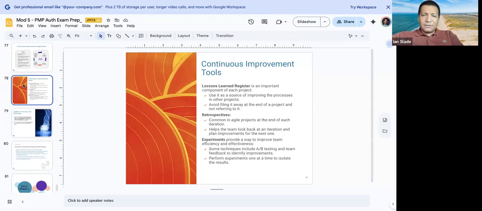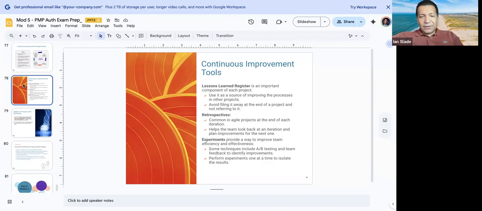So these are some tools for continuous improvement, including the lessons learned register, of course. And again, for the test and in your practice, you want to do this not just at the end of the project, but also once you achieve milestones all throughout the project. For waterfall, it's called lessons learned.